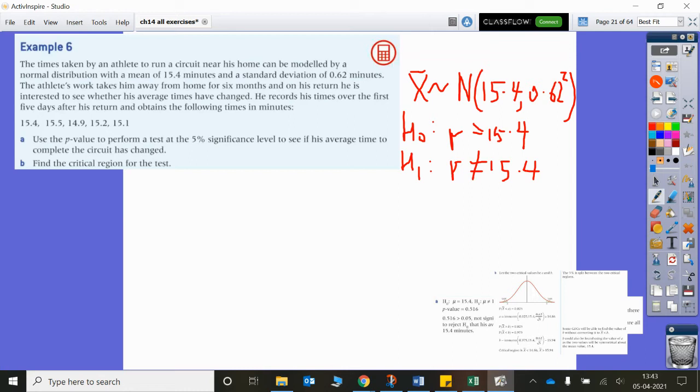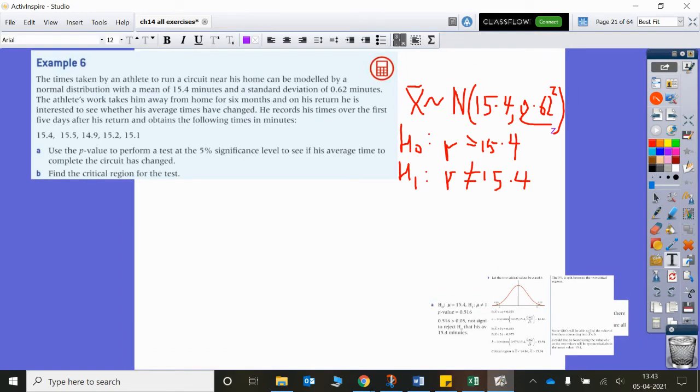Okay, now I've made a mistake here. Because this is a mean, I do need to change the variance to 0.62 squared divided by the size of our sample in this case.